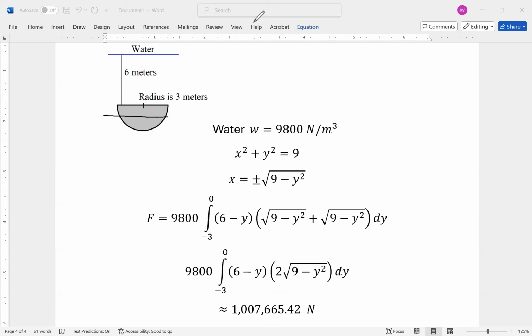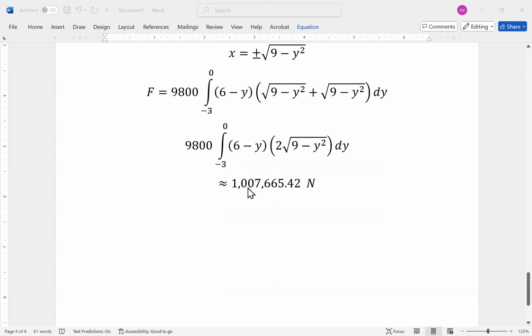So it's not going to work out very neatly. So anyways, we get this ugly number. That's the whole point. 1,007,665.42 newtons.